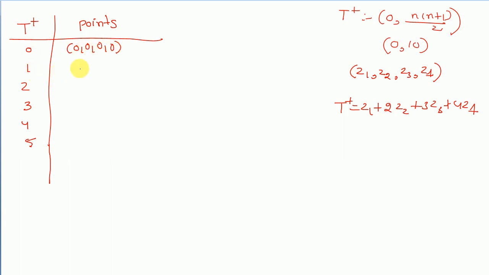When will it take value 1? When Z2, Z3 and Z4 are equal to 0, but only Z1 is equal to 1. Then 1, 0, 0, 0. For 2, Z1, Z3 and Z4 have to be 0 and only Z2 is equal to 1. So 0, 1, 0 and 0.